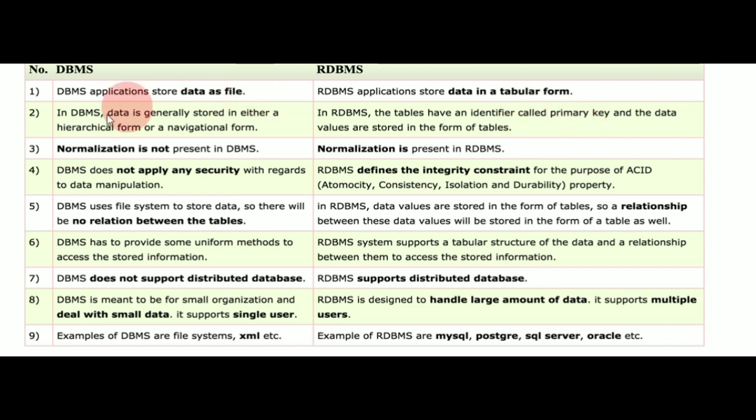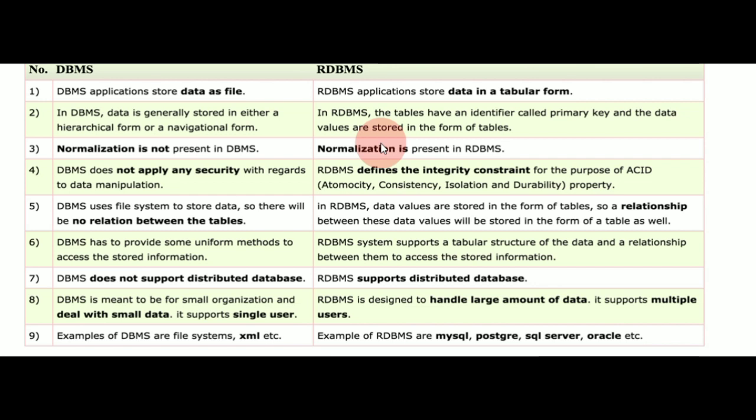The third important point is that normalization is not present in DBMS. Whenever you use a general database management system such as a file system, you will get some flaws or drawbacks, in that the data present in the DBMS is not useful for certain applications. But in RDBMS we have a concept called normalization, that is you can convert the data in the table according to your requirement.